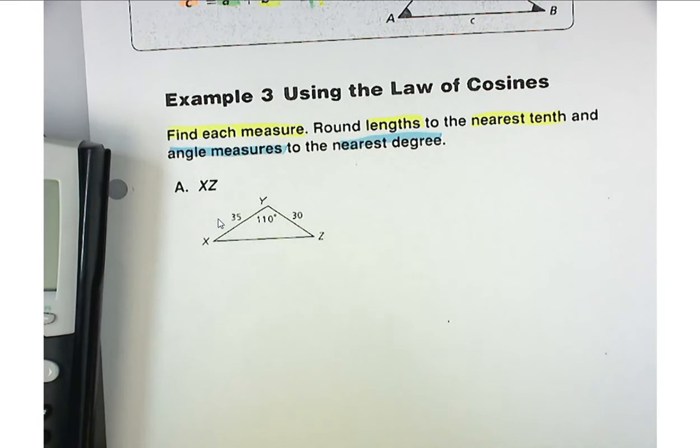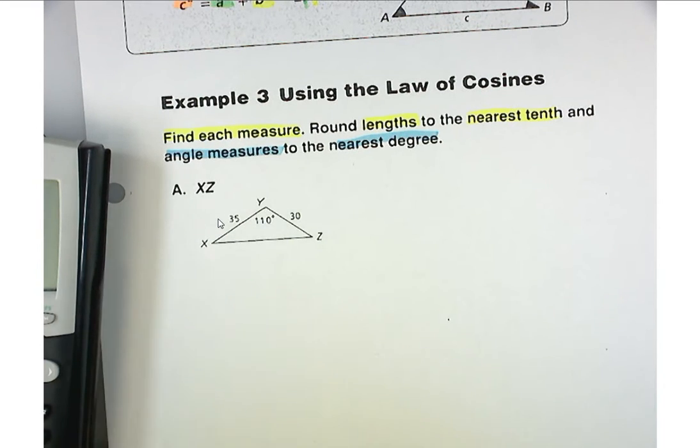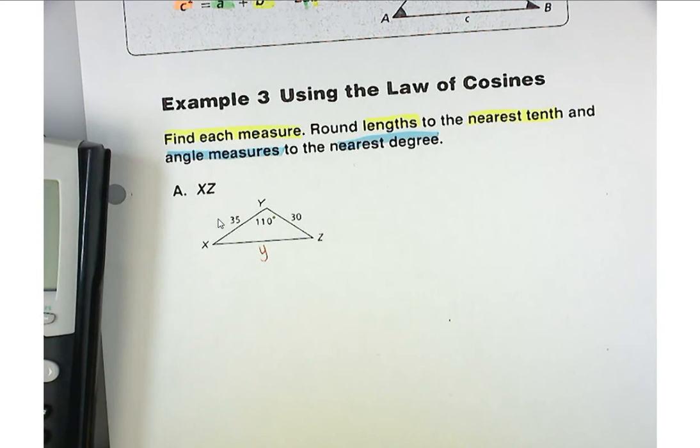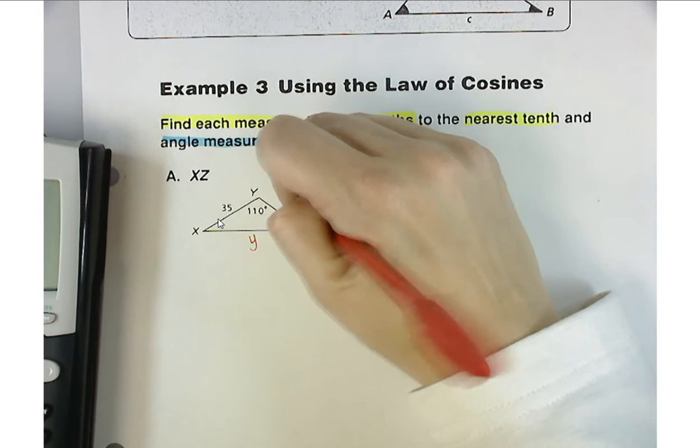So the first thing I usually do to make sure I'm setting everything up correctly is I'll just label what each side is. For instance, if this is y, I know that the side across from it is the lowercase y. And if this is angle x, the side across from it is the lowercase x.